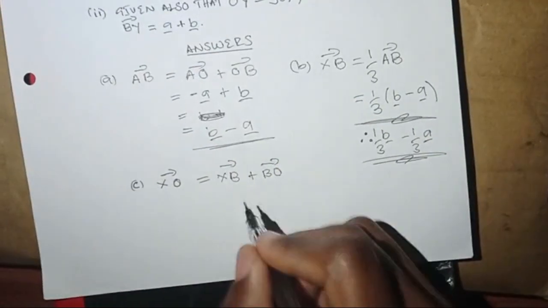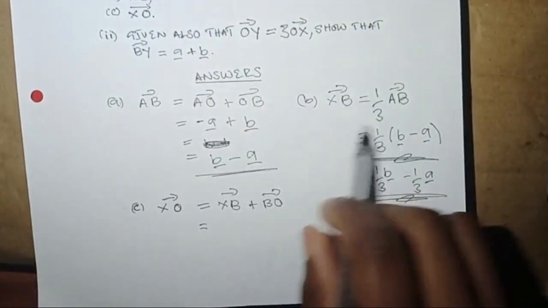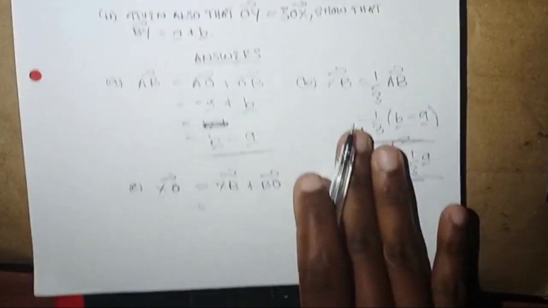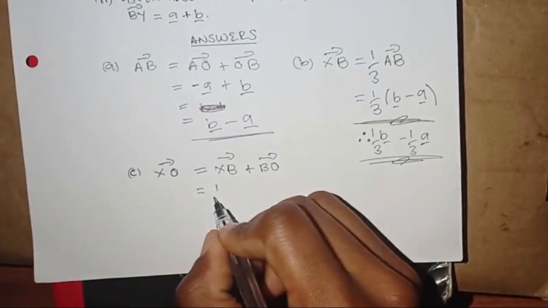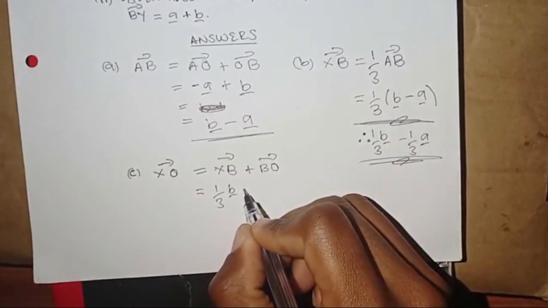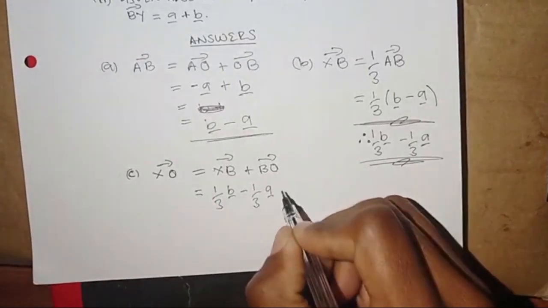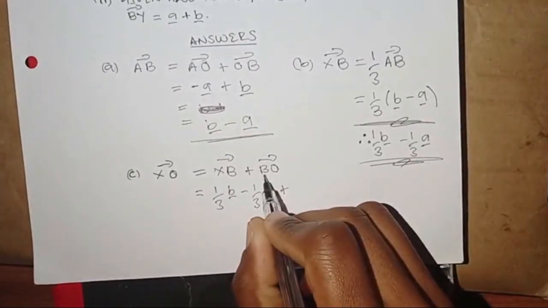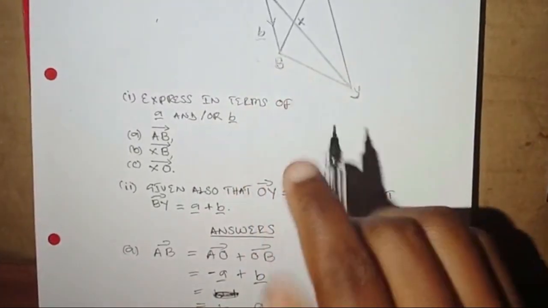Okay. So now back to this question, we can say that XB. What is XB? We already know XB, as you can see, we just found it. XB is 1 over 3 B minus 1 over 3 A, plus, what is BO? BO, let us go back to our vectors here.